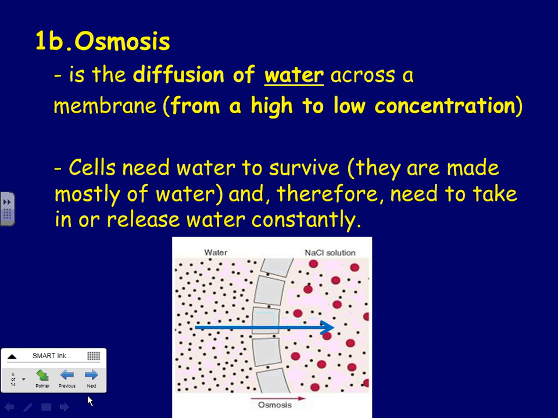H2O is moving to the area where there's high concentration. Essentially, the water is spontaneously moving in to equalize the concentrations. All right? So water moves in. H2O, H2O, H2O, H2O. All right?